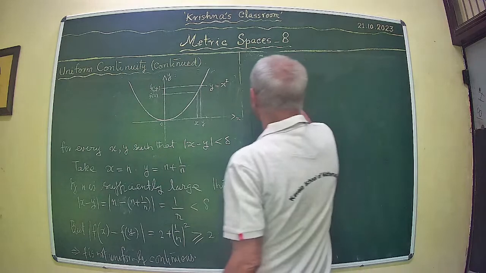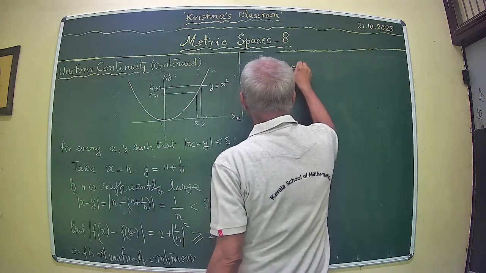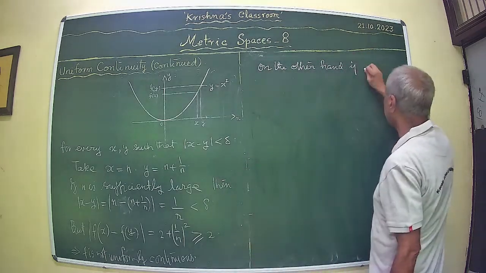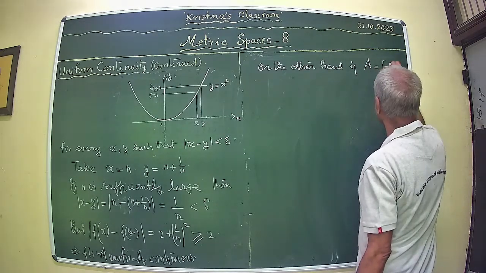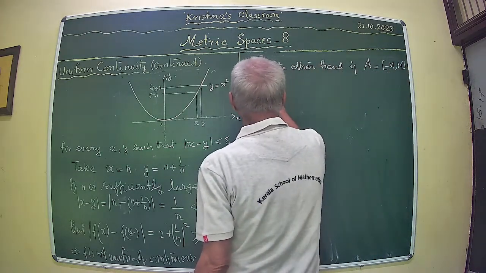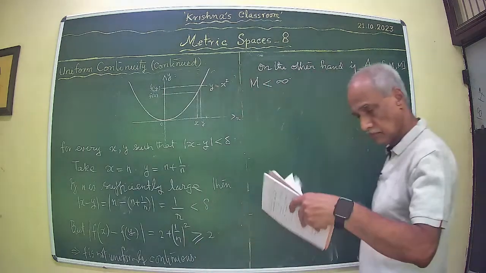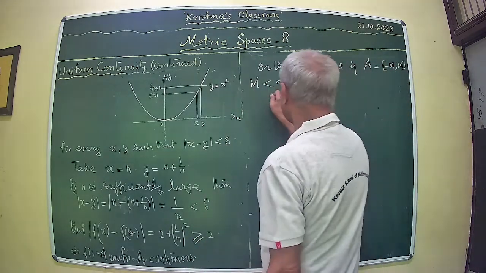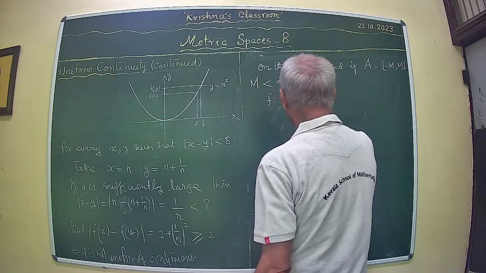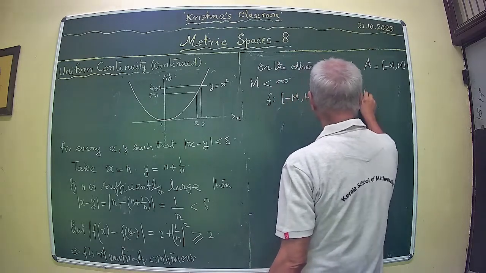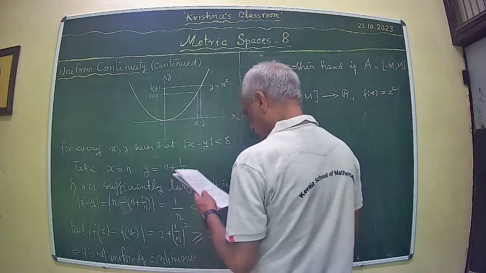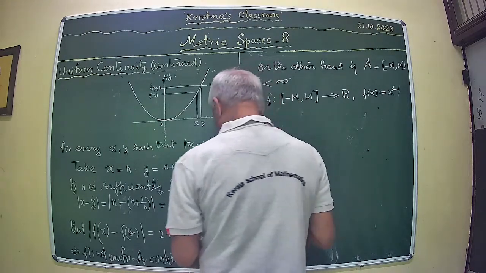On the other hand, if we take a to be finite, and f(x) equal to x square, then what you can do is this.